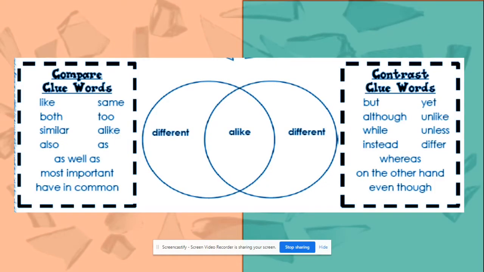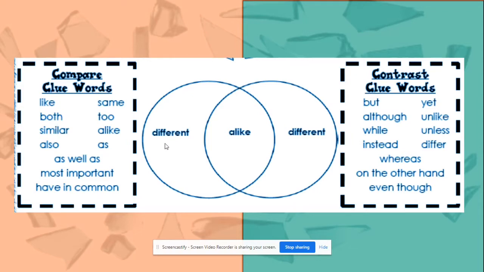All right, as we move forward, we're going to continue to use our Venn diagram. That is the visual that looks like two circles sitting on top of each other. Remember, the area in the middle where the two circles both have space is where we talk about our comparing information, those things that are the same or alike or have in common, are similar, things they both do.